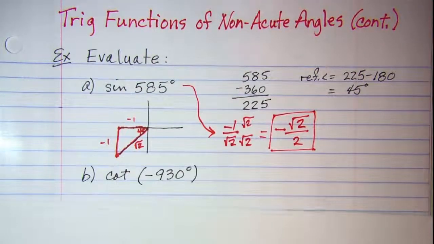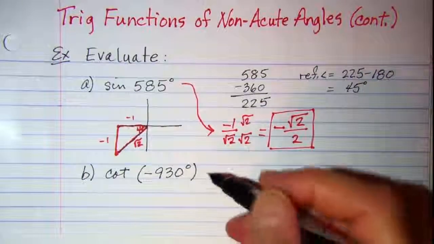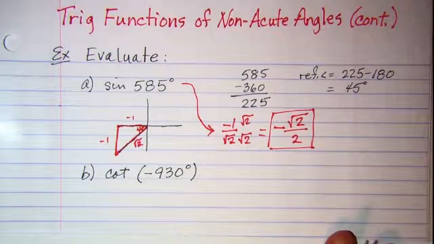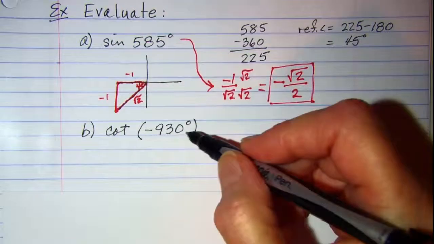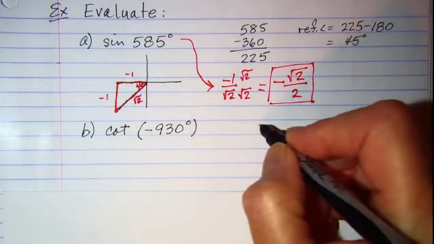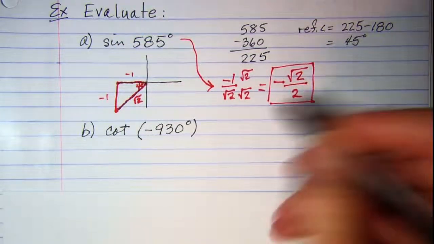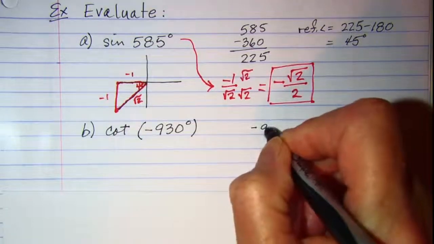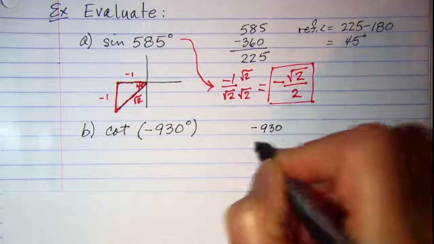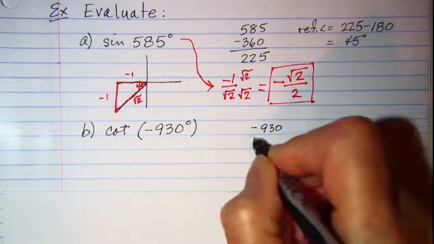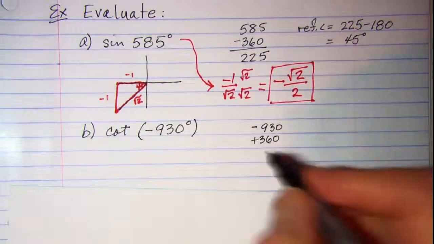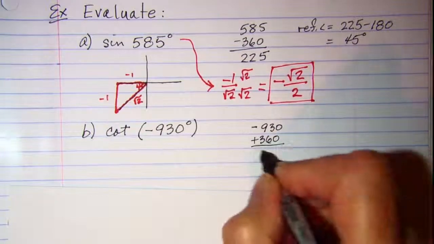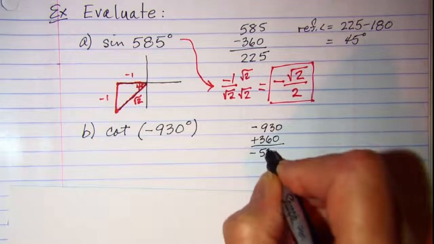Let's do another one. Again, we need to find the coterminal angle. This one's negative, so I'm going to add revolutions. So a negative 930 plus 360 is a negative 570.